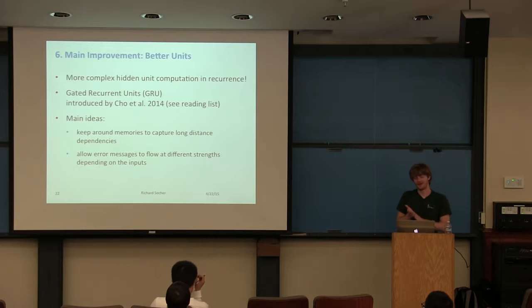All right, the main improvements here and the interesting research happening right now are in better units, different ways to compute our hidden activations H. One that is very interesting, and I think has a good shot at being used a lot in the future, is the so-called gated recurrent unit.